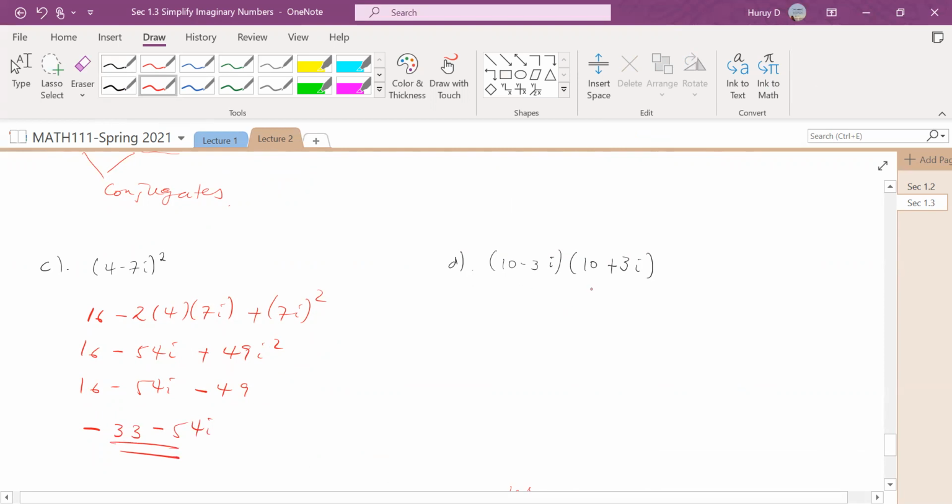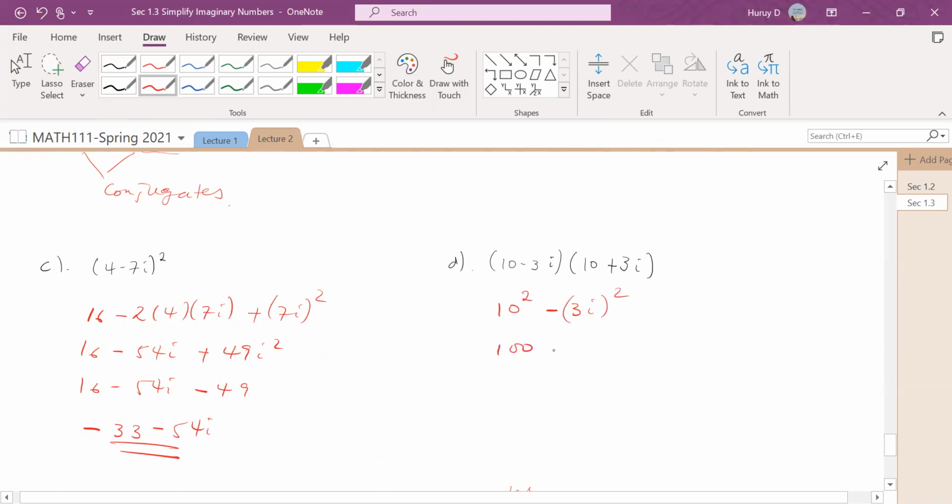Okay, all right. So we do the same thing with this one. You can either distribute it or you can use the conjugate property, and the conjugate property for this one gives us 10 squared minus (3i) squared, just by the property. You don't have to distribute it.